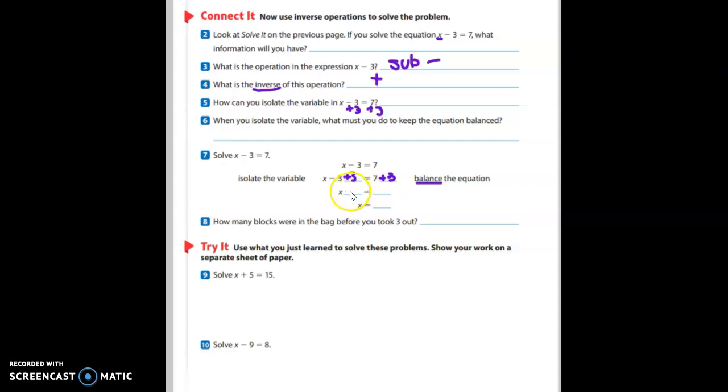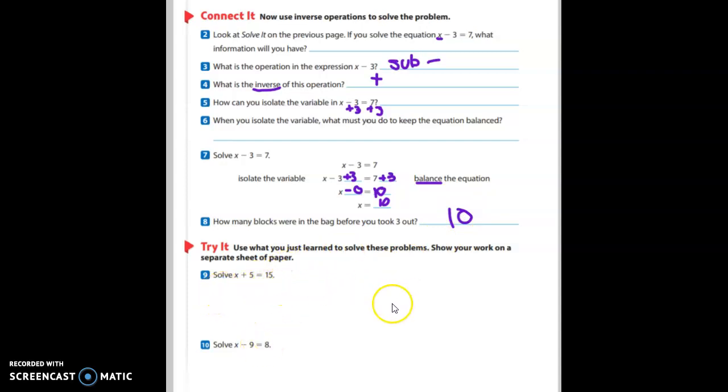It's literally going to be x minus 0, but we don't really need to write that. And this is 7 plus 3, which is 10. And if you really want to keep track, you could just put that there. So x equals 10. How many blocks were in the bag before you took 3 out? 10 blocks.